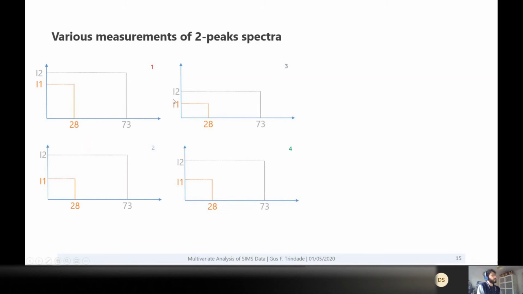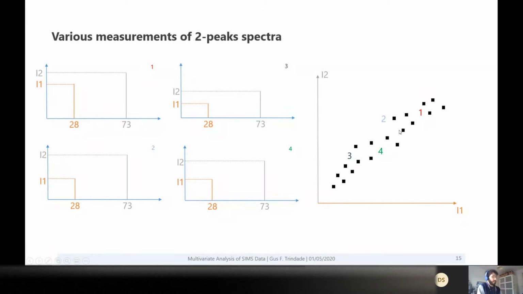So if we take these intensities that we recorded and plot them against each other, you may get something like this, right? The more of I1, the more of I2, which is expected because they're both coming from the same molecule, PDMS.